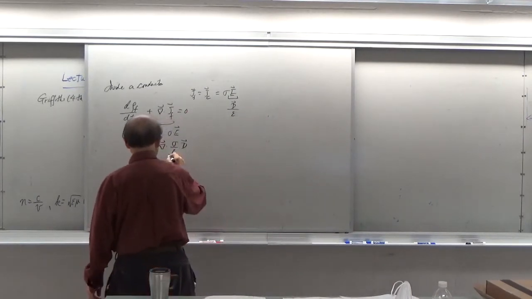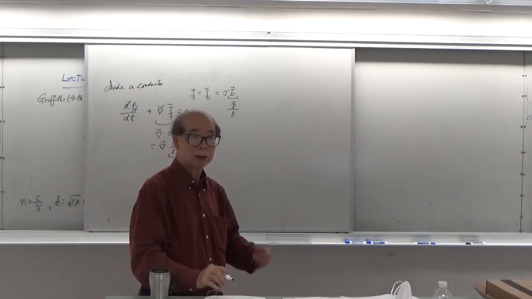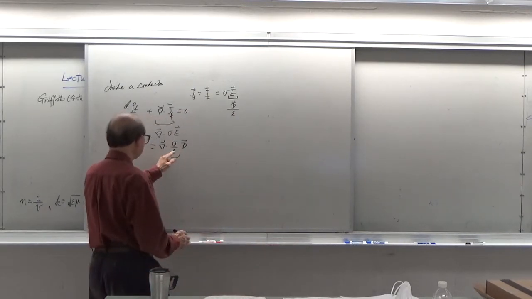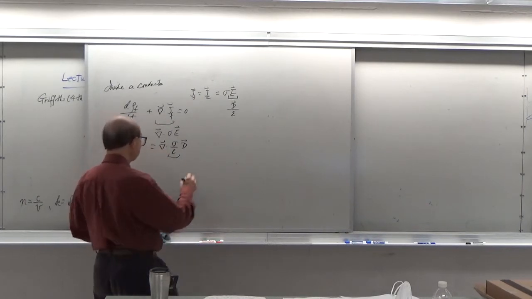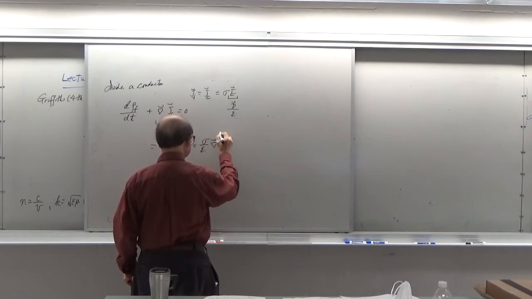So that sigma over epsilon being space independent, I can take this out to the left of this operator, the divergence operator. So this would be sigma over epsilon divergence of D.